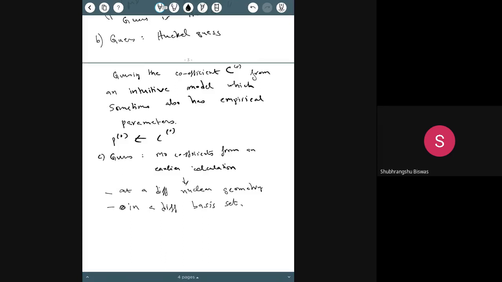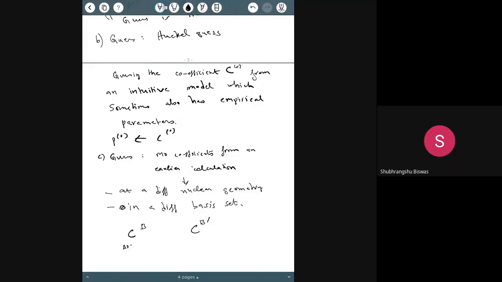So what I mean is, say you have the coefficients in a basis B and a coefficient in a basis B prime, then AO by MO, this is also AO by MO, so number of AO by number of MO, but this number and this number are different because the two basis sets are different.